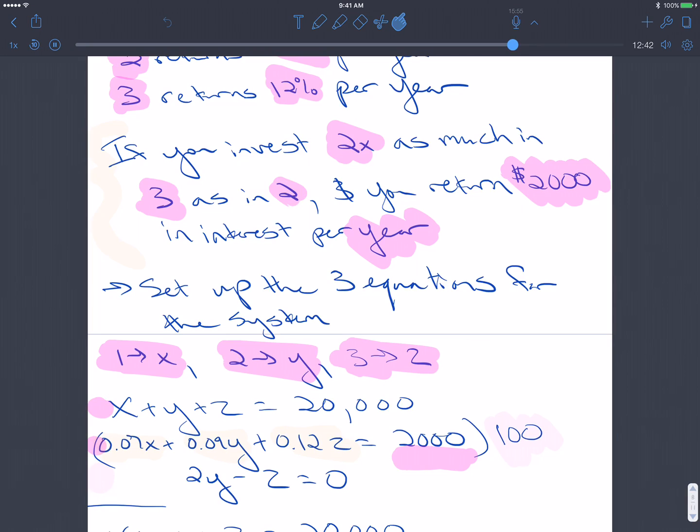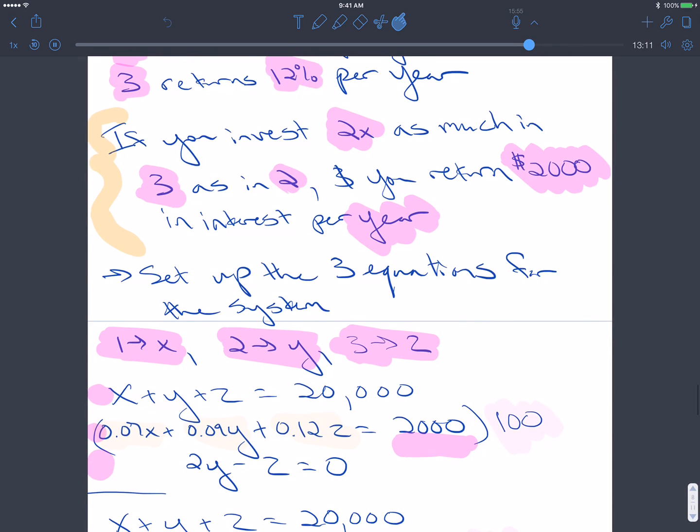And then the last thing, the parameter that I defined here, where you're investing twice as much in 3 as you are in 2, can be defined by 2y minus z is equal to 0. Because 2y will equal z. I have twice as much money in z as I do in y. So if I multiply the amount that I put in y by 2, I should get the amount I put in 3. So that gets me my system.